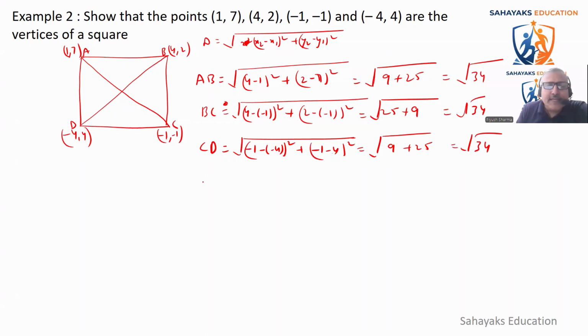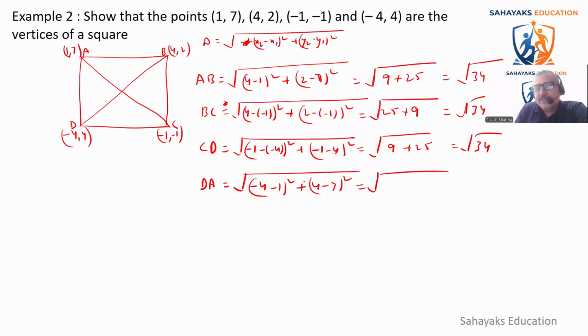Now I'm finding DA. Minus 4 minus 1 whole square plus 4 minus 7 whole square. Minus 4 minus 1 is minus 5, minus 5 square is 25, plus 4 minus 7 is minus 3, minus 3 square is 9.